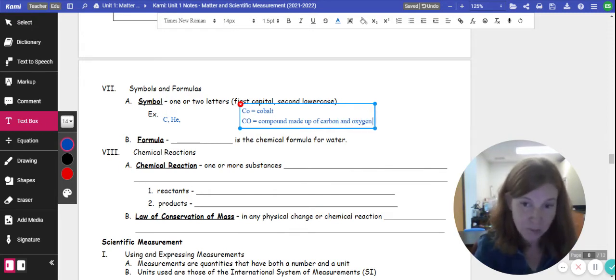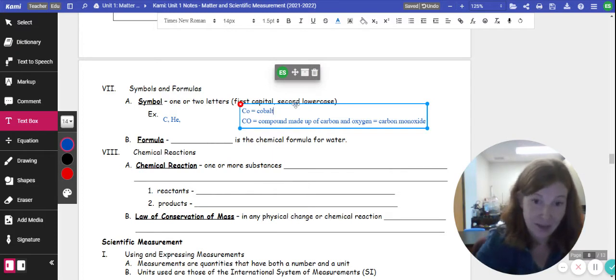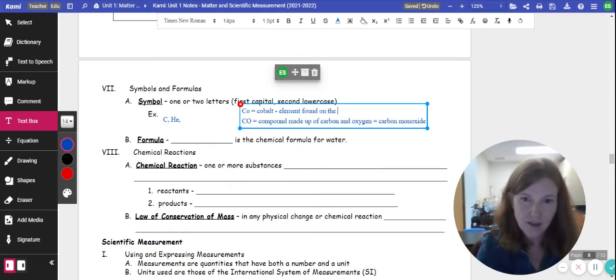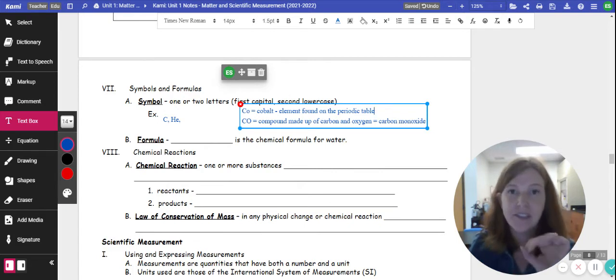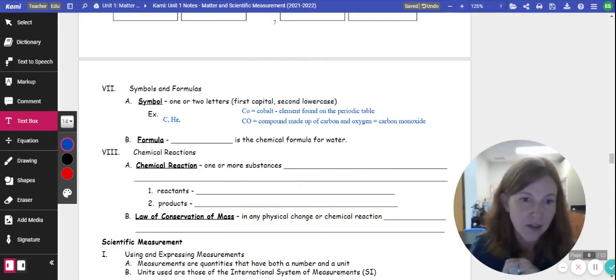So this would actually be carbon monoxide. All right, so capitalization is super important. Cobalt, on the other hand, is an element found on the periodic table. Okay, so be very deliberate in whether you're making a capital letter or a lowercase letter, because it does matter.